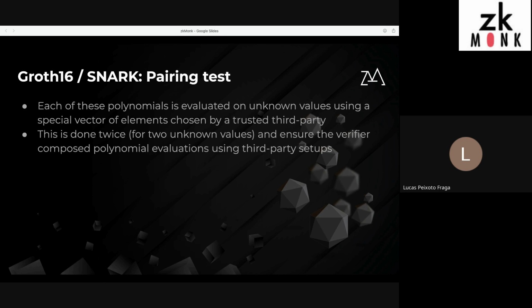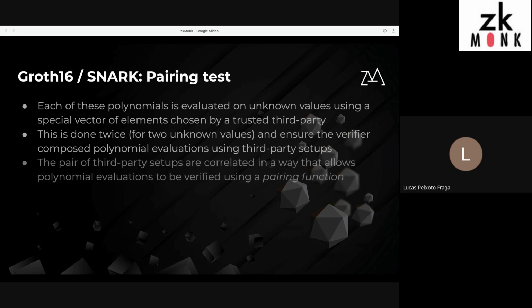And by doing this, we can ensure, actually it's the prover, we can ensure the prover composed polynomial equations using the third-party setup. Why? Because we don't know the secret value, and we cannot produce these polynomial evaluations without using this setup, right? So this is the first thing that we convince the verifier of.